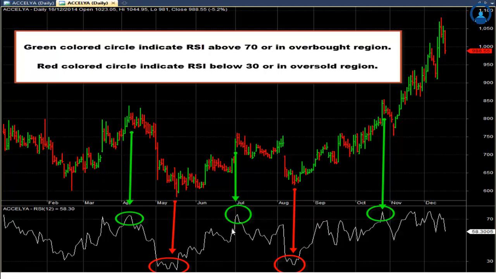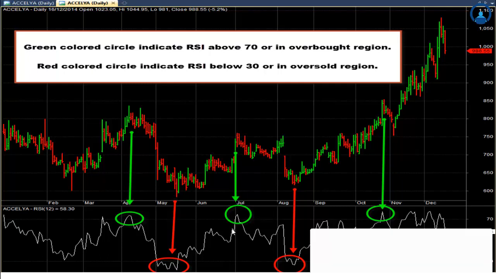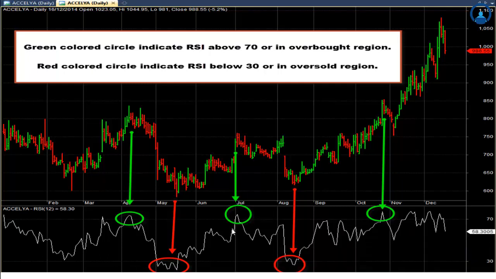But RSI tends to plot prices and hardly uses any smoothing factor. But at first look, you can see RSI tends to depict tops and bottoms much more accurately as compared to stochastic.